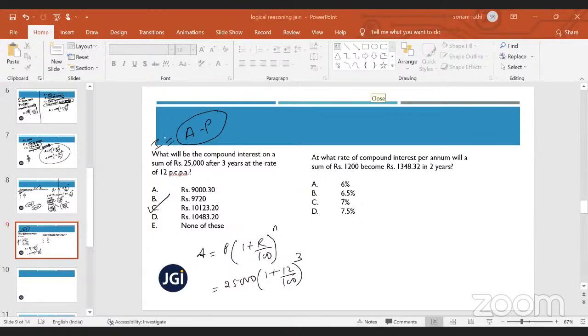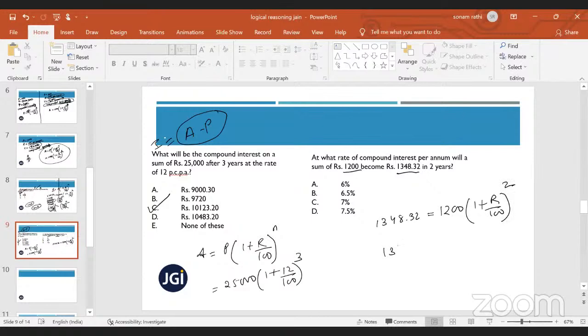Just the calculation thing. Second one, what is the rate of compound interest per annum with the sum? Okay, so they are saying amount and this is principal. So amount, principal, 1 plus r by 100 to the power 2. Again I will do the same thing.